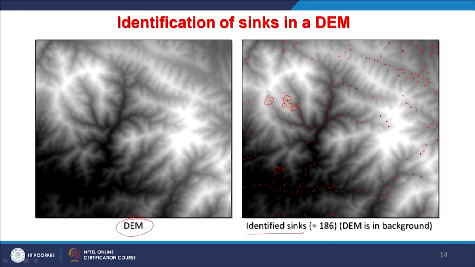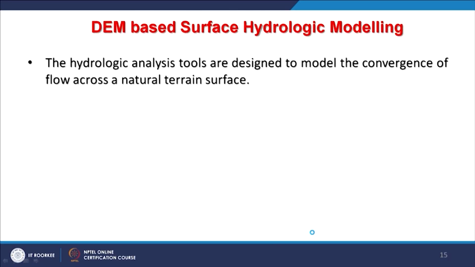The total number of identified sinks here is 186, whereas the total number of cells in the digital elevation model is roughly 99 times more than this. Now, once we have filled the sinks, we come to the next step, and that is flow accumulation, or before that, flow direction.